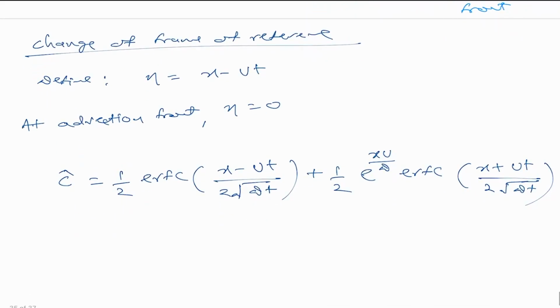Okay, so this is the concentration profile you get in this flow when there is velocity u.